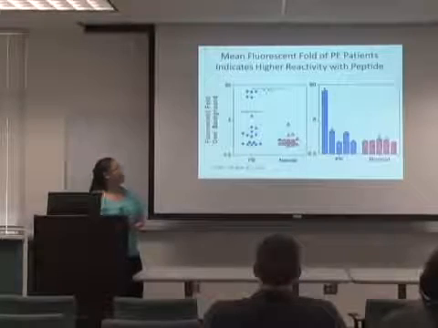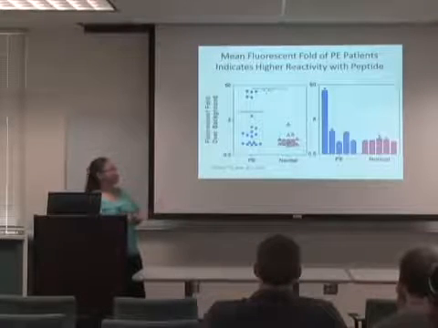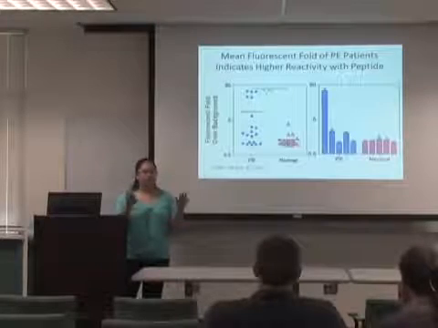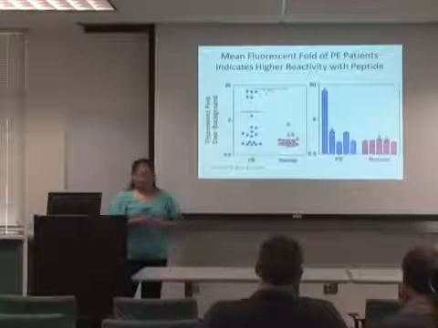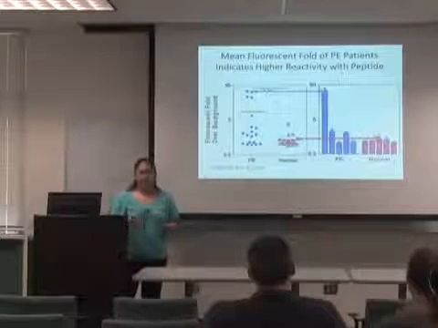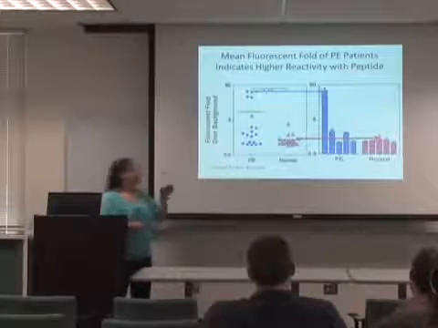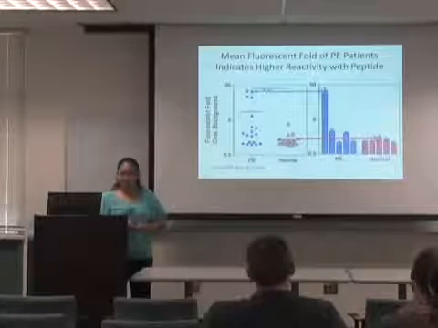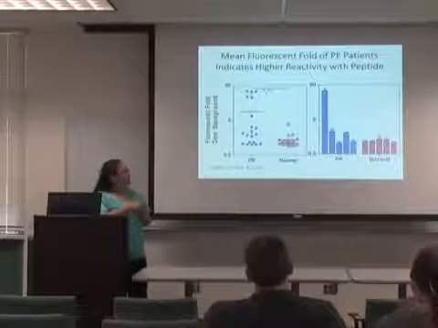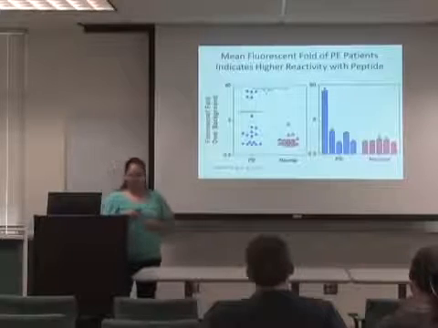So here we have the graph on the left, which shows the fluorescent fold, or how much each patient sample fluoresces over the background. The graph on the right is simply a sample of all of the patients I tested to show that I performed repeat analyses. So these black lines indicate the average of both of these distributions.